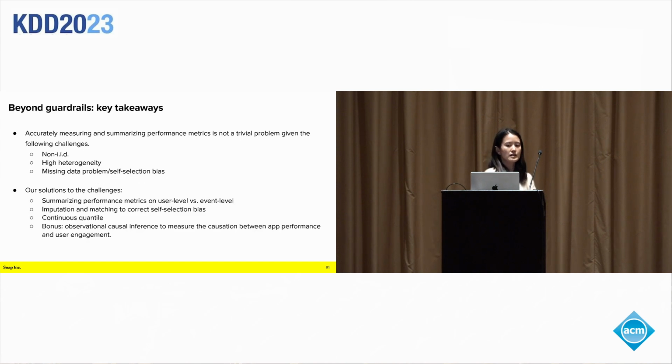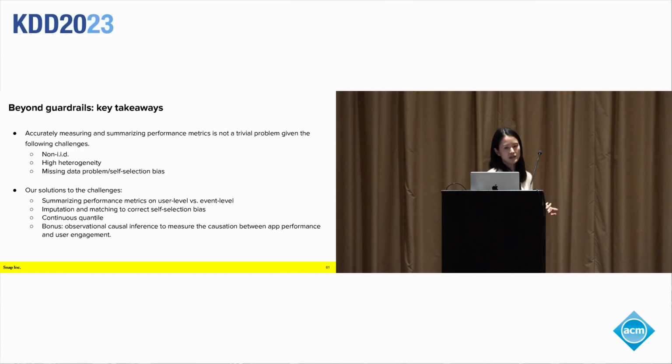Okay, so the key takeaways of this part: first of all, accurately measuring and summarizing performance metrics is not a trivial problem given the following challenges, including non-IID data, high heterogeneity, and the missing data problem. We provide some solutions to these challenges: we summarize performance metrics at user level versus event level.